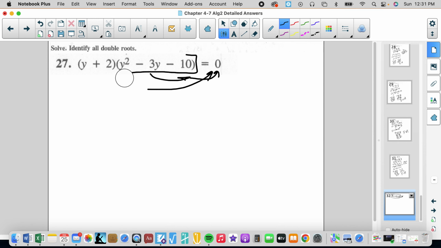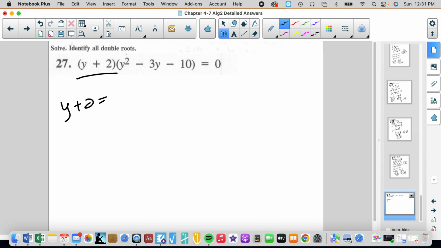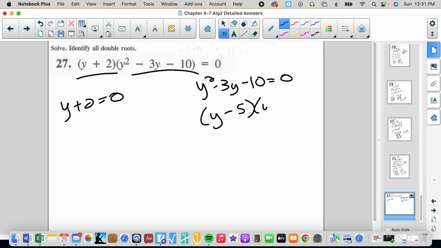So why distribute? Let's set that equal to 0. Y squared minus 3y minus 10 would be our other statement, and we would factor that. And you have y minus 5, y plus 2 equals 0, and then we set each of those.